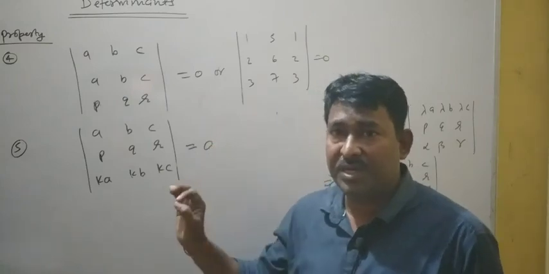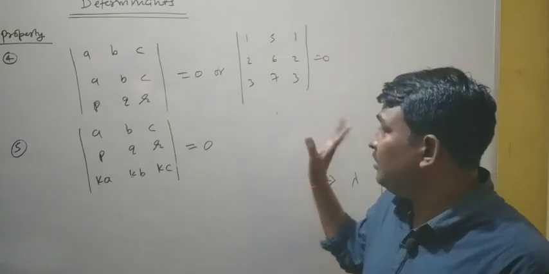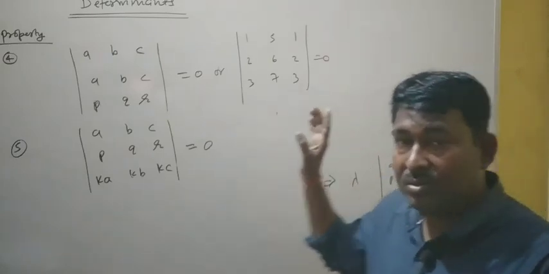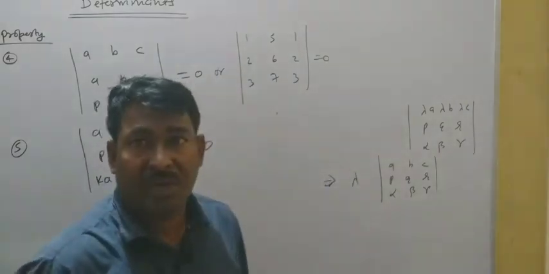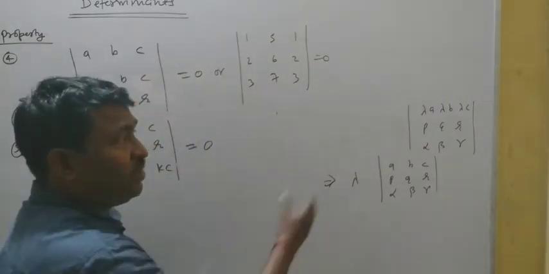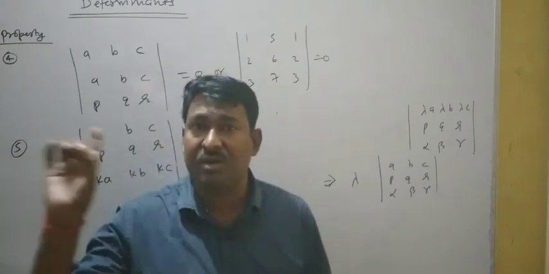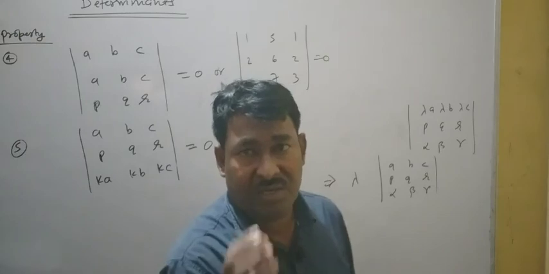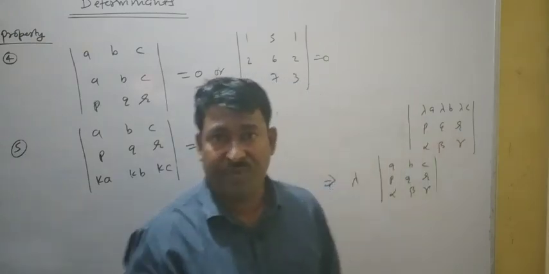In the case of a matrix, if you multiply by any constant, the multiplication is in all elements of that matrix. Here in the case of a determinant, you can take out any number common from all elements of any single row or single column, and you can multiply or divide a single row's elements or column's elements as well.